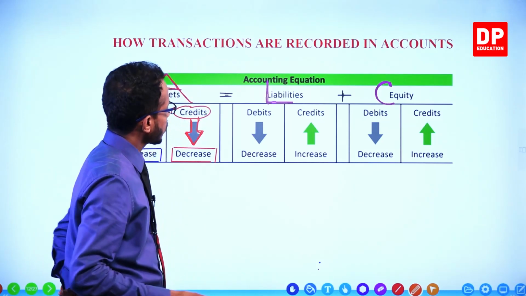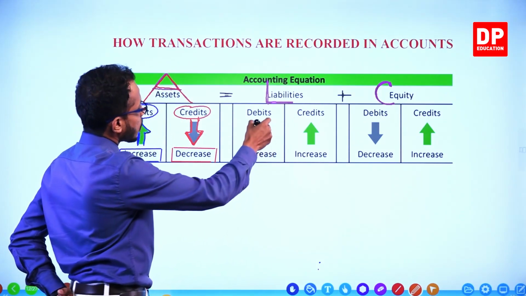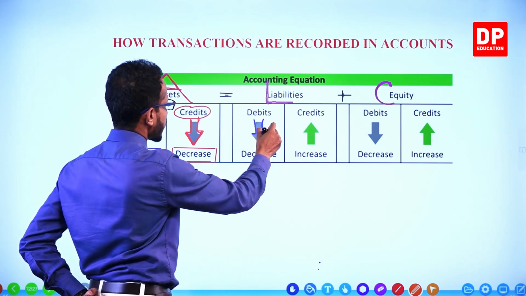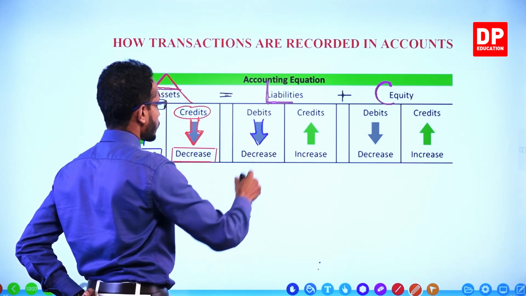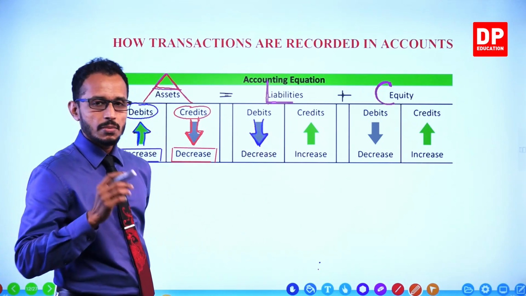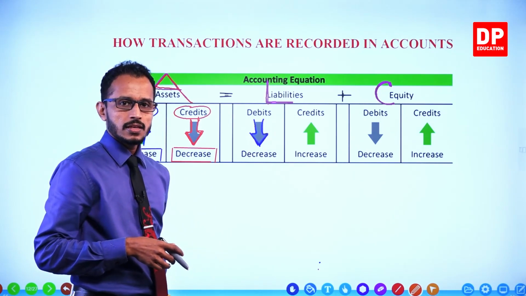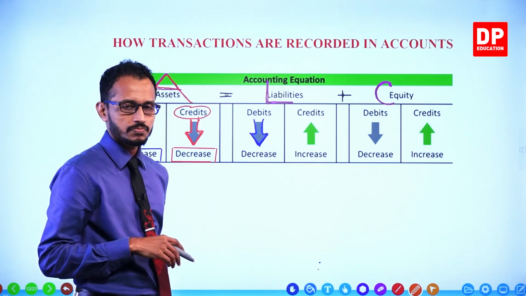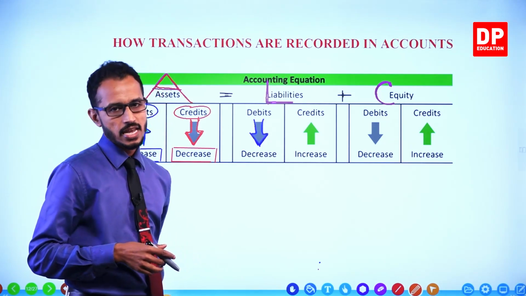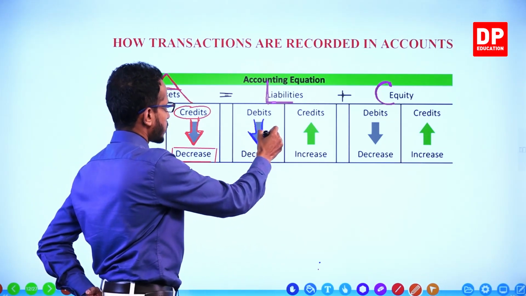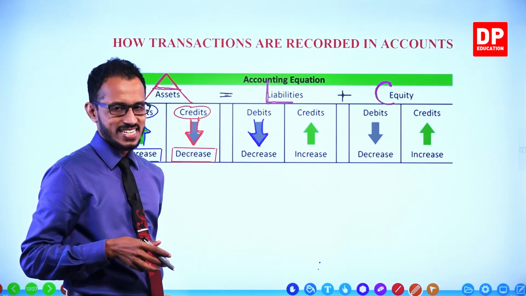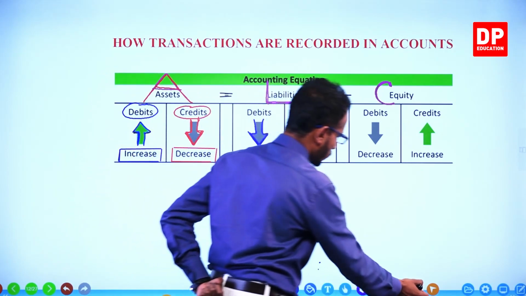Likewise, children, liabilities, when liabilities decrease only, it goes to the debit side. When liabilities decrease, it should go to the debit of that account.